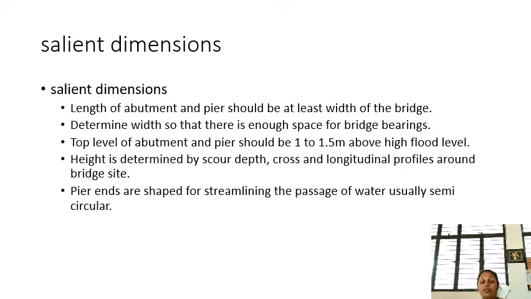The top level of the abutment and the pier should be 1 to 1.5 meters above the high flood level, so there won't be any water action on the bearing, or the water currents won't disturb the deck slab or the superstructure. Always take this into consideration when designing.